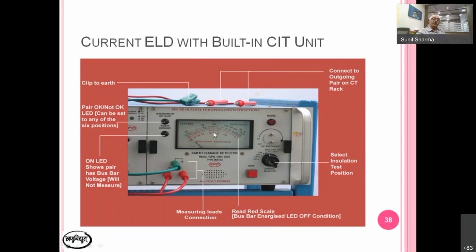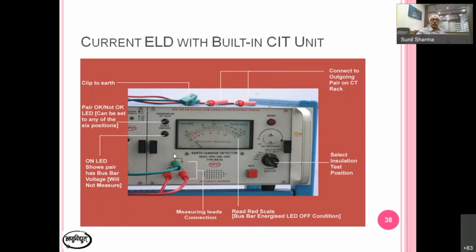If this value is less than or equal to the selected value, the red light comes on, but it doesn't mean anything, it is only for comparison. Two persons are required, one for noting down readings, another for putting the leads to the CT rack. Suppose you have no companion and you only want to know which pair is less than 5 mega ohm or above 5 mega ohm.